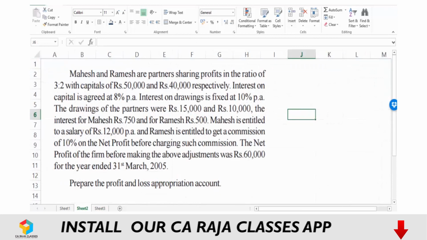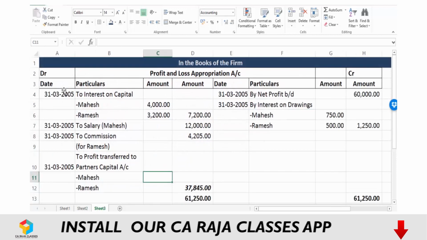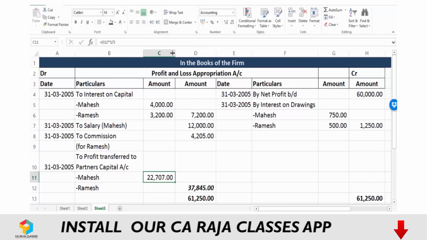It is 3:2. It means Mahesh will get 3 by 5, Ramesh will get 2 by 5. I'll take this profit, multiply by 3 by 5. That will give me the profit share of Mahesh, and it is 22,707. Similarly, for Ramesh, I'll take this profit, multiply by 2 by 5, and it is 15,138. In this way we have prepared the profit and loss appropriation account. We have also determined that critical item, commission.